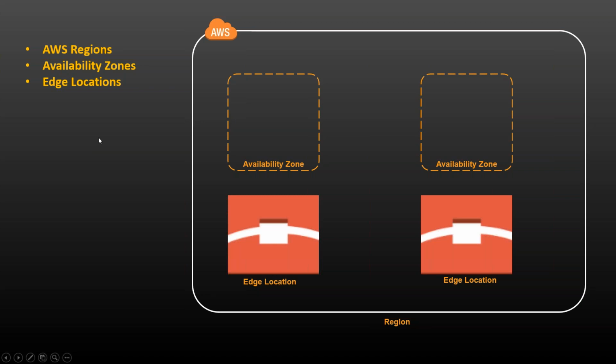Amazon has around 18 plus regions across the globe. In each region there are availability zones, minimum 2. And edge locations are kind of cache sites spread across the globe. Okay, so let us understand each of them individually now.